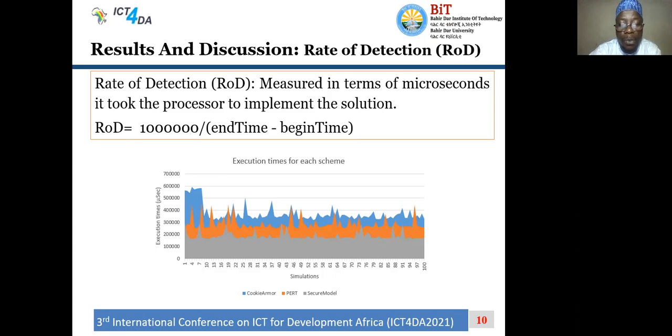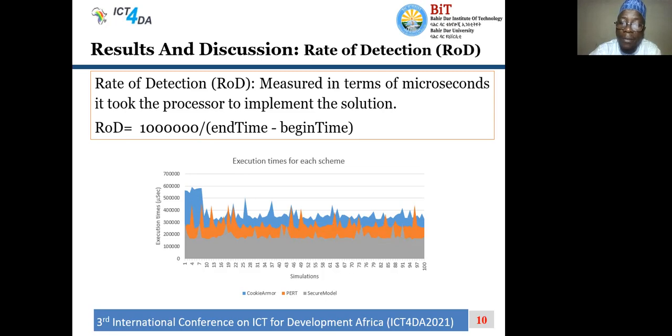The blue color shows the result for Kukiyama, which took the longest time, while the brown color shows the result for our solution, the PET solution, which follows, and the gray color shows the time taken by the secure model.